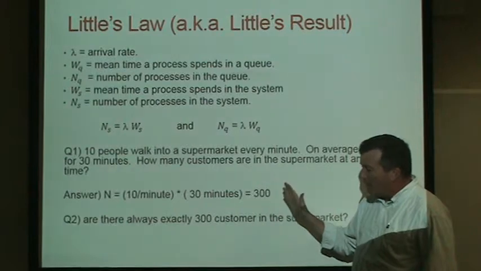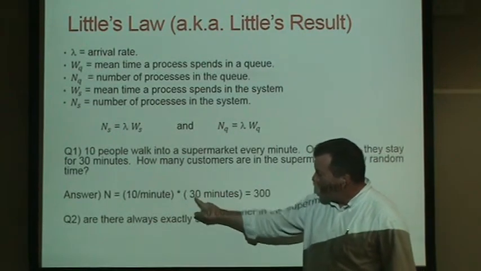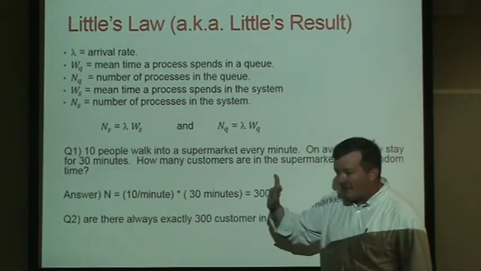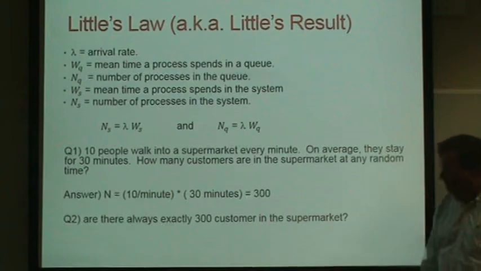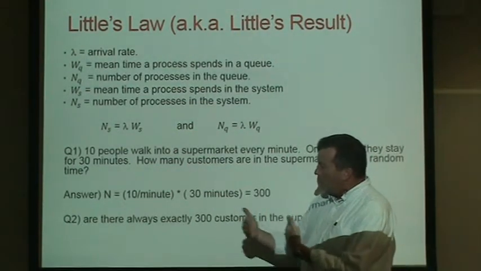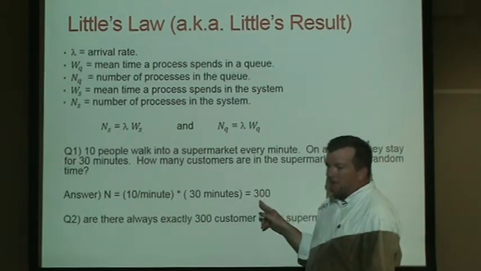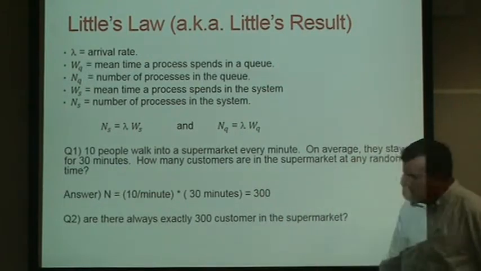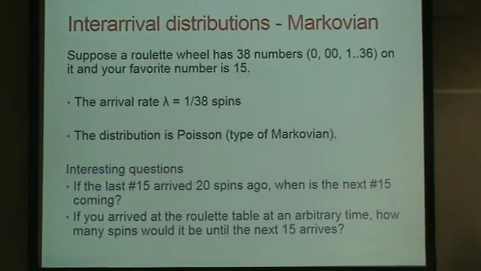The answer is no. Unless the arrivals are all perfectly scheduled and the departures happen at exactly every 30 minutes, then there will be exactly 300 people. But if the distributions between the arrivals and the service are somewhat random, then we may sometimes have more than 300 and sometimes less than 300, with an average of 300.